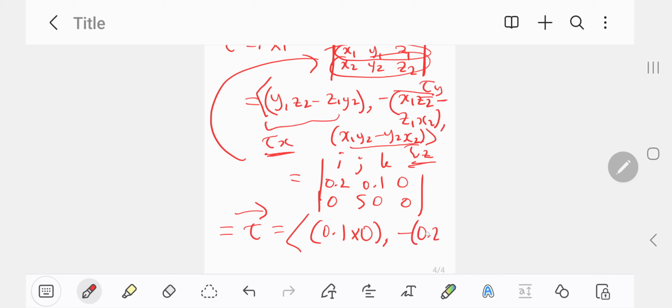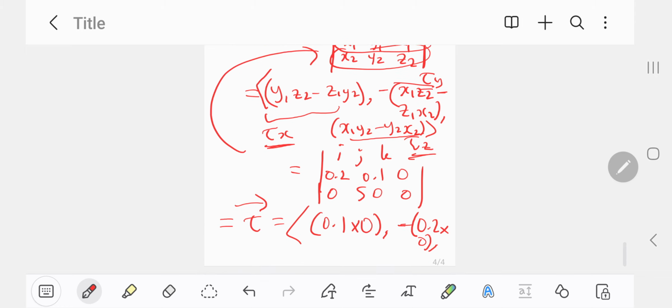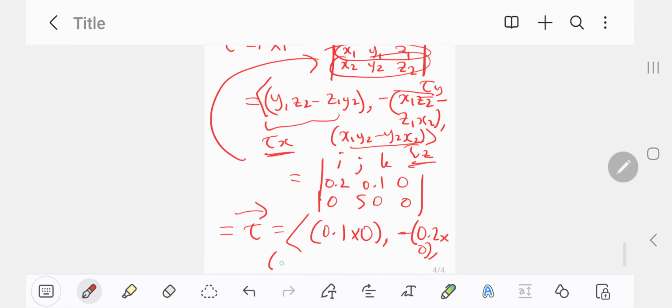Make sure we put brackets too. Z2 is 0. Again, it makes life easy. Makes life much easier. And x1, so the next component, x1, y2. x1 is 0.2, y2 is 50, minus y2, x2. y2 is 50, x2 is 0. Close bracket, and that's it.